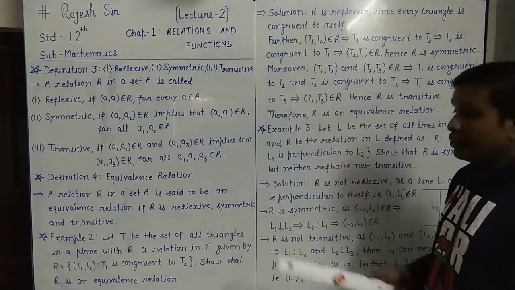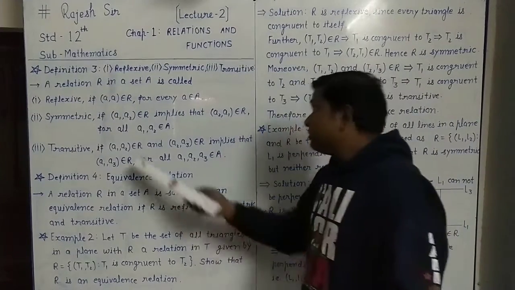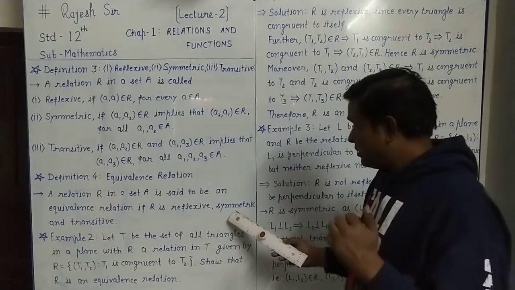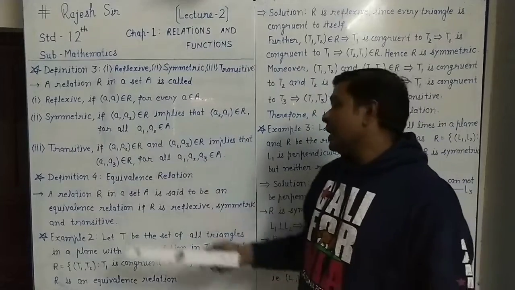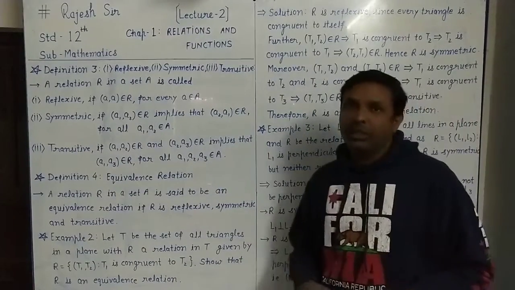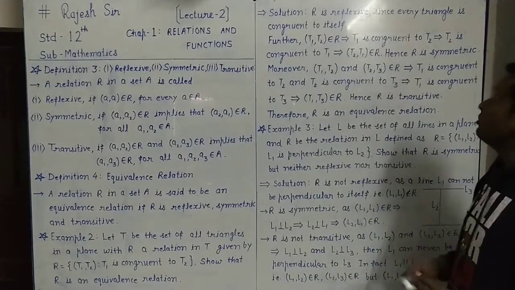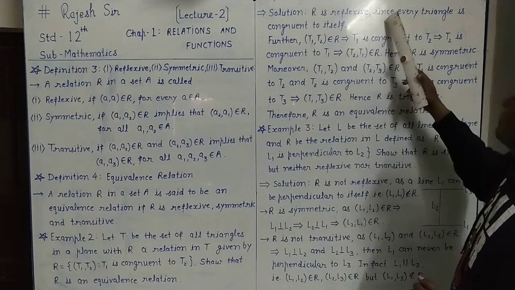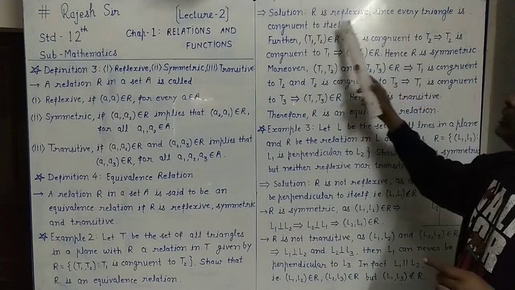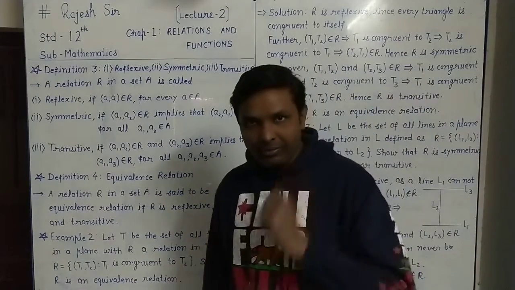In the solution, to show equivalence, what is needed? We have to show reflexive, show symmetric, and show transitive also. All the three we have to show. So in the solution, R is reflexive. Directly you can write, why? Since every triangle is congruent to itself, if you take any triangle, it will be congruent to itself.